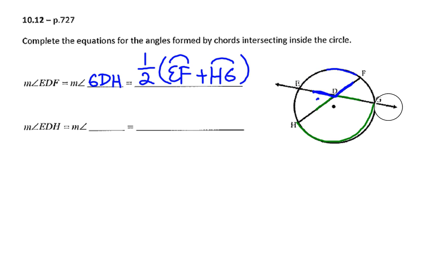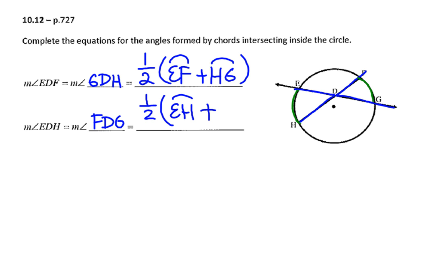So if they're ultimately asking for the other two angles, so you've got angle EDH, which is going to be the same as angle FDG, I'm going to take the sum of this arc plus this arc and divide it by 2. So half of EH plus FG, whatever their arc measures are.